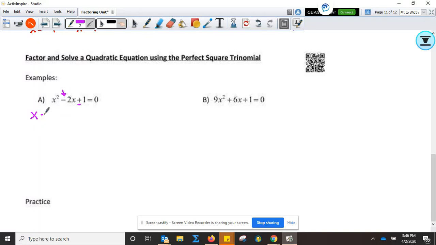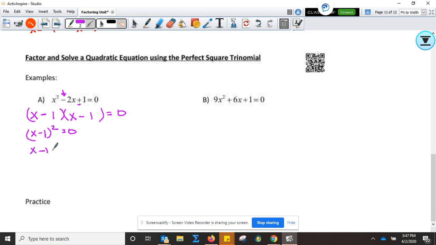Both signs are going to be negative, x minus and x minus. All right, so it's going to be 1, because what multiplies to give you 1 and adds up to give you negative 2? 1 and 1. So we have x minus 1 squared equals 0.